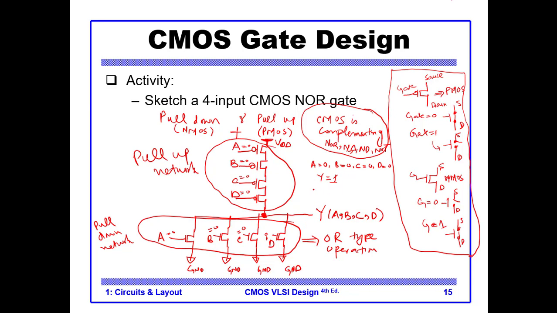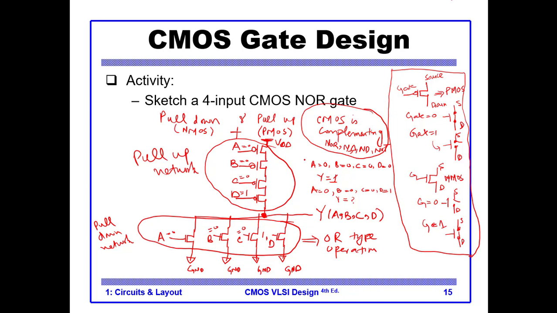So in a similar manner, we can find what is the output if A is 0, B is 0, C is 0 and D is 1. Okay, for this, what is our output? So now in this case, D is 1.